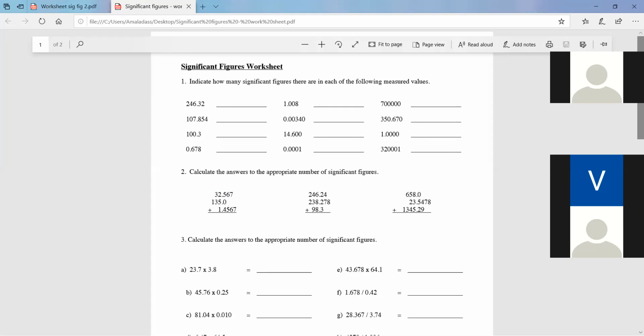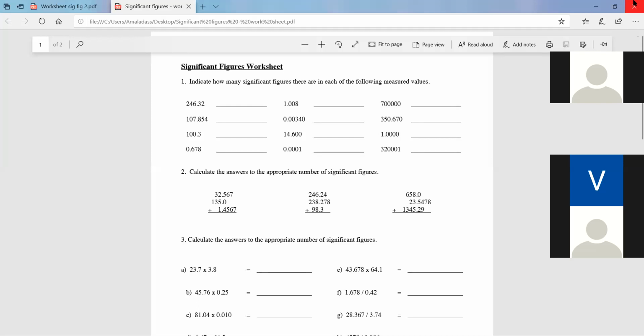Please repeat. 169.0237. Okay, now this is the normal answer. Which is the least decimal here?